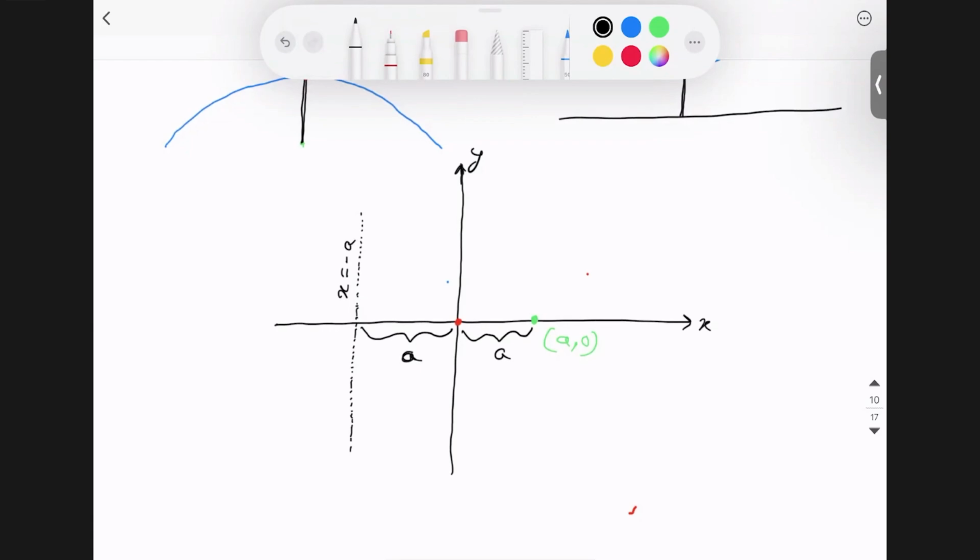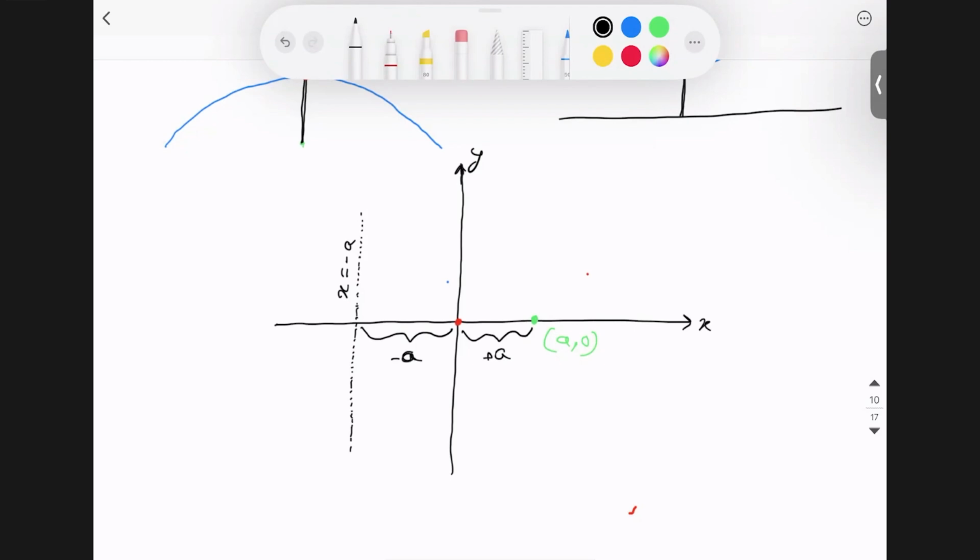Why minus? Because the straight line is at a distance a along the negative x direction. So if this is plus a, then this must be minus a. The sign represents the direction of the straight line or this point.